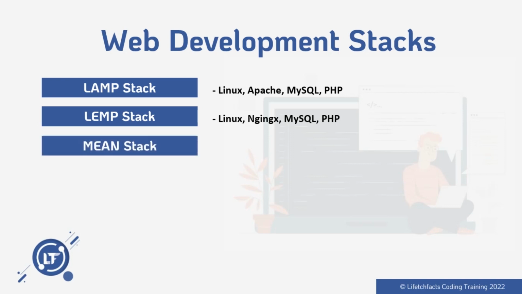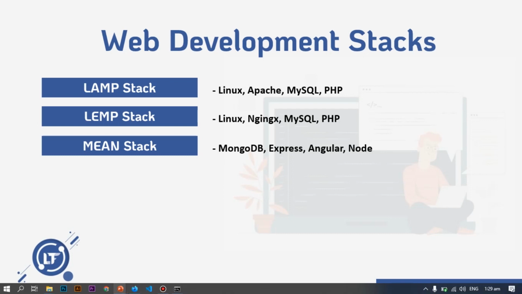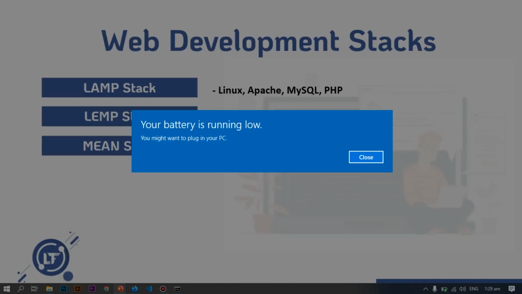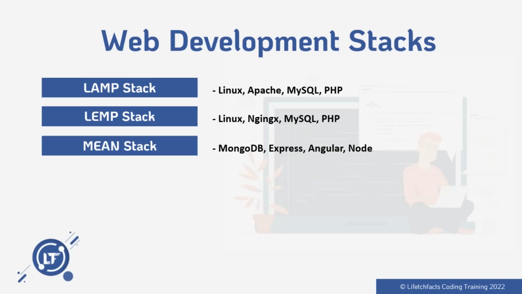Then we have the MEAN stack. Okay, now the MEAN stack is JavaScript oriented, consisting of MongoDB for the database, Express, and Node.js, which allows you to use JavaScript on the server side.